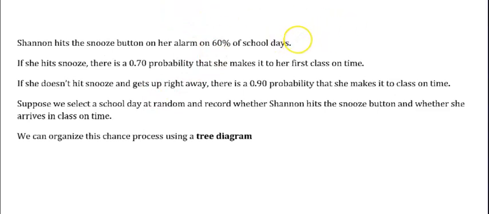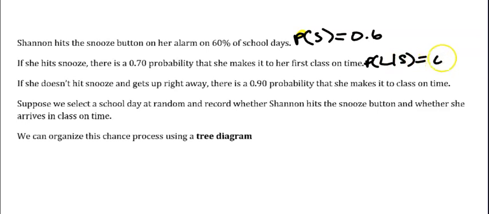So let's say the probability of her hitting snooze is 0.6. If she hits snooze, there's a 70% chance that she is late. So the probability that she is late, given she hits snooze, is 0.7.